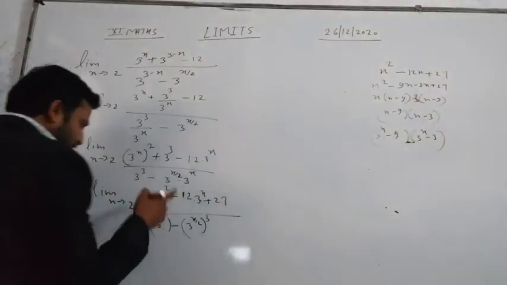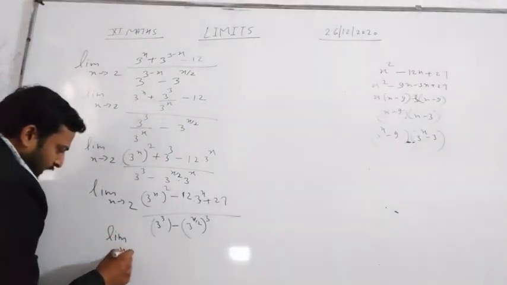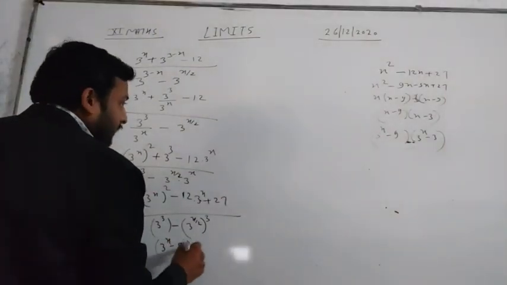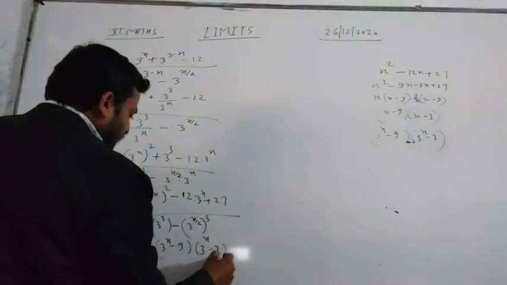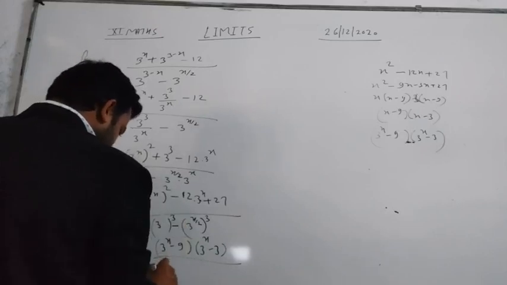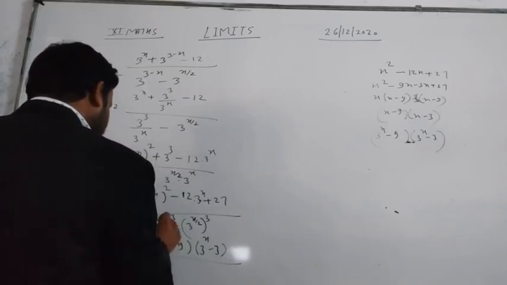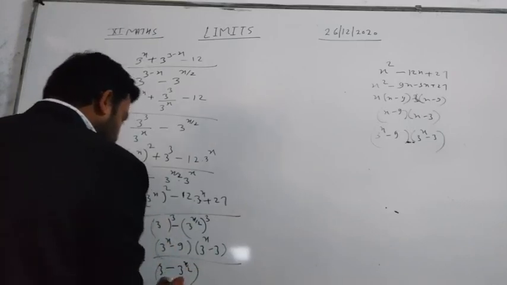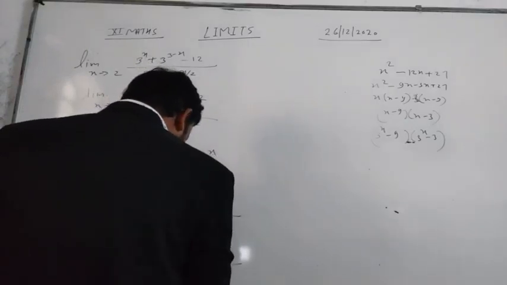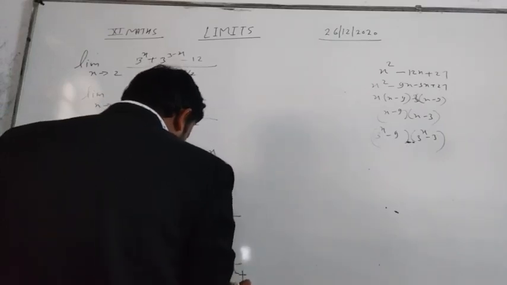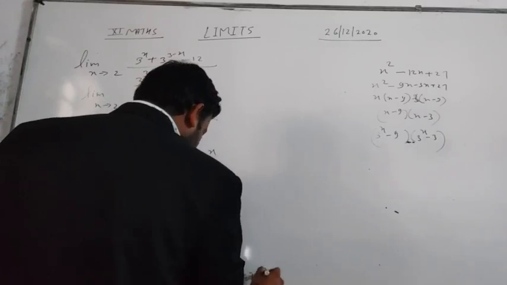So the factorization will be: limit x tends to 2, (3 to the power x minus 9)(3 to the power x minus 3), and by this a cube minus b cube, we write in the first bracket a minus b, in the second bracket a square plus b square plus ab.